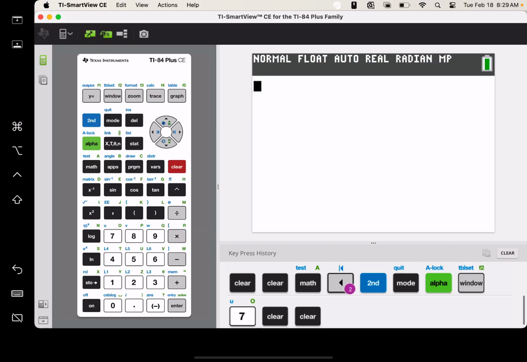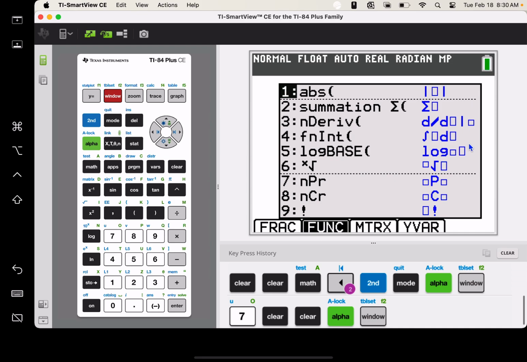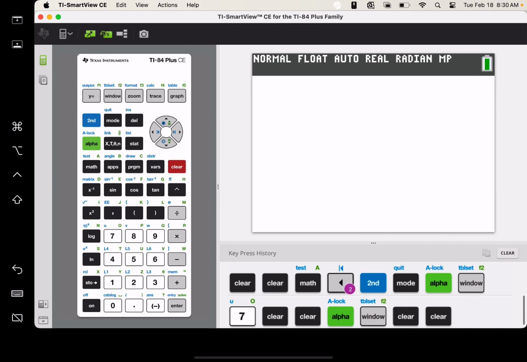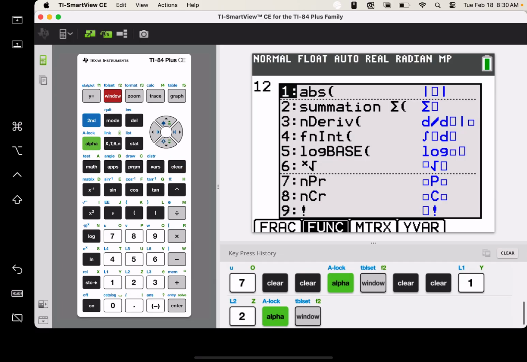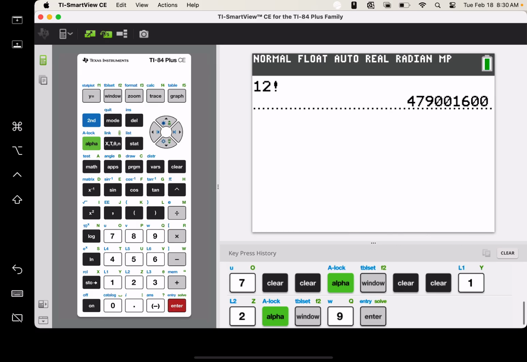Your calculator can also do factorials. Remember, factorials can get pretty big pretty quickly. So if I go green alpha key and window, and then I go down to number 9, this is the factorial button. So I actually have to type the number first. So say we wanted to do 12 factorial, number 9, and this is the number of ways there are to sort 12 options into 12 different spots. That is a very big number, 479,001,600.